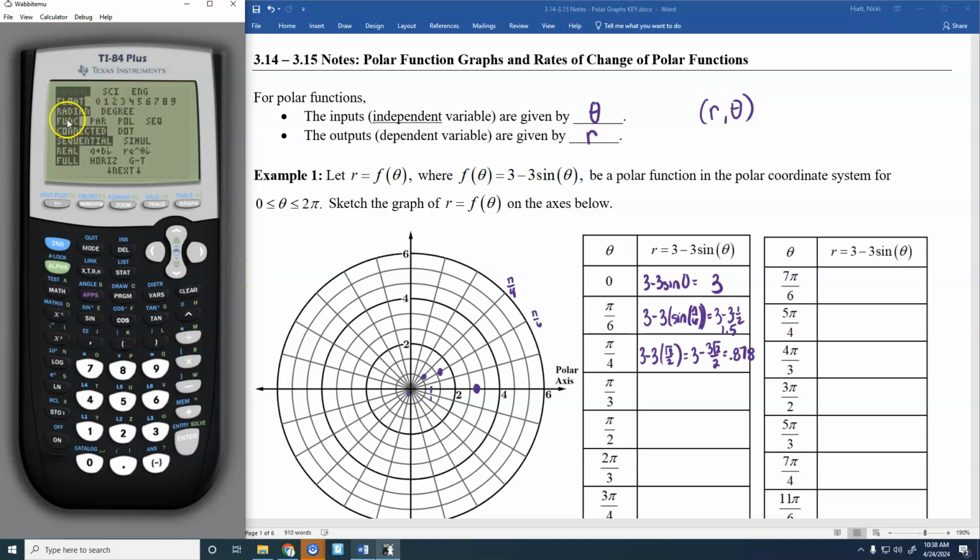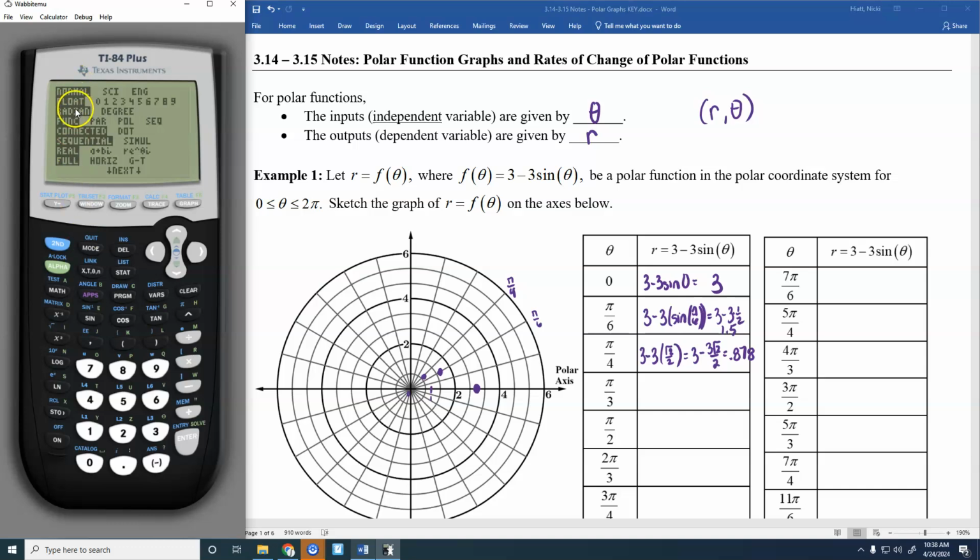If you look at the 4th line on your calculator, we're going to change something you've probably never changed on these calculators. This is also where you change it from radian to degree. We don't want to change it out of radians. You're going to hit mode, which is just right beside your blue button there.